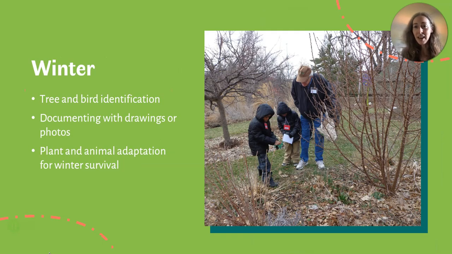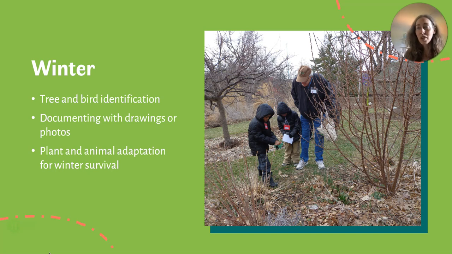So since the guide begins in January, we will start with activities that you can do in the winter time. This time of year, our trees have lost their leaves, and it is a great time to practice tree identification using branch structure and bark.